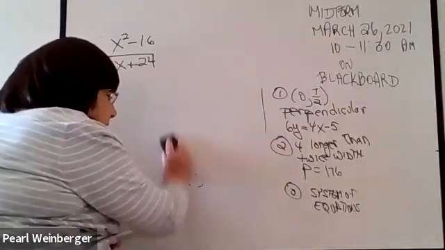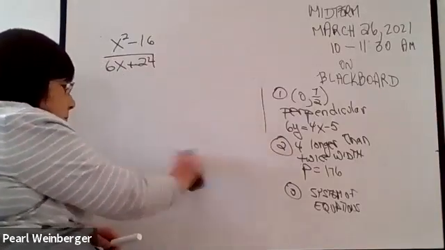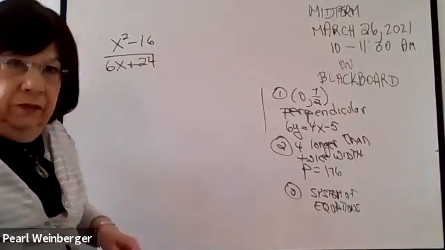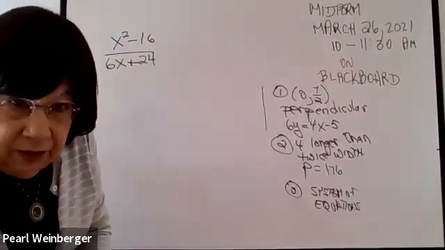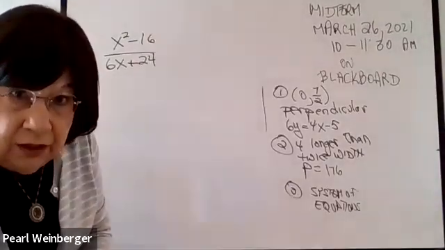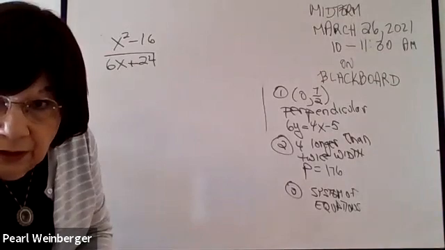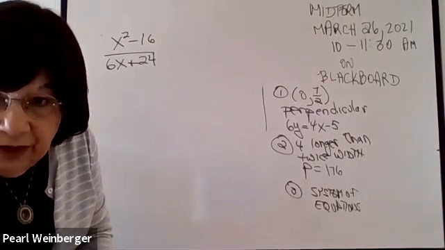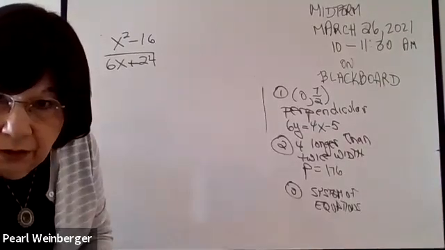Anybody want to tell me what they did with this example? Let's see if anybody got it right on the chat. Okay, I see Devonna, it looks like you did it right.